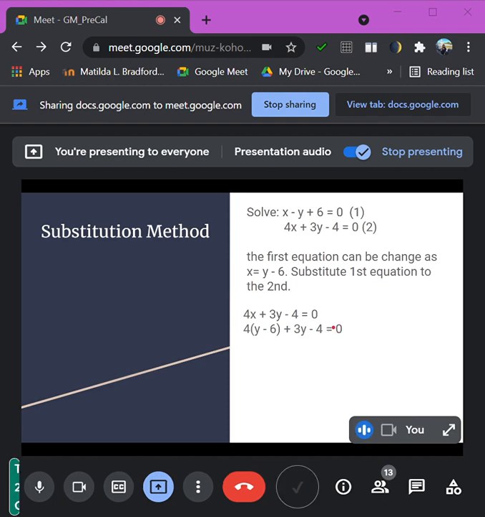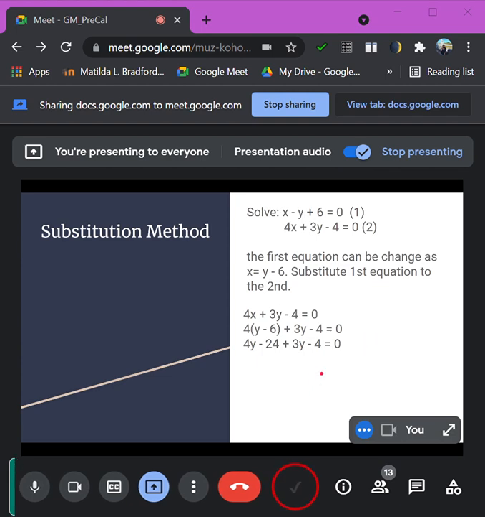Now we can distribute and simplify. 4 times y is 4y, and 4 times negative 6 is negative 24. So you will have 4y minus 24, copy 3y minus 4 equals 0. This time, we are going to combine like terms.